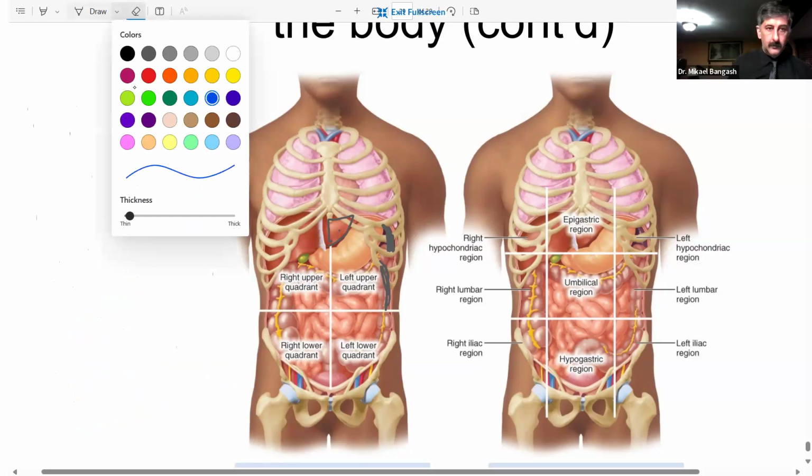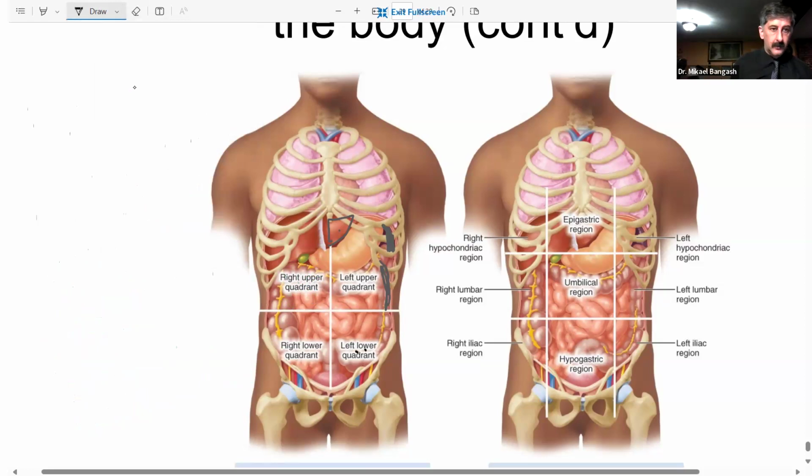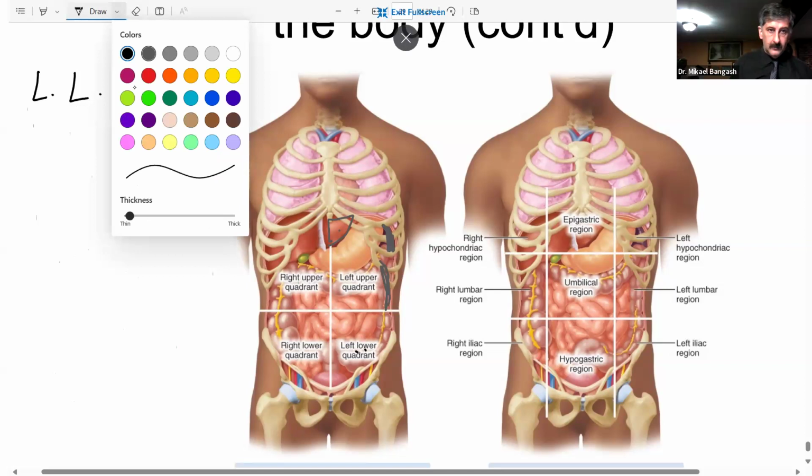And now let's just go to our next quadrant, which is the left lower quadrant. Now let's just take the structures which are visible here first.